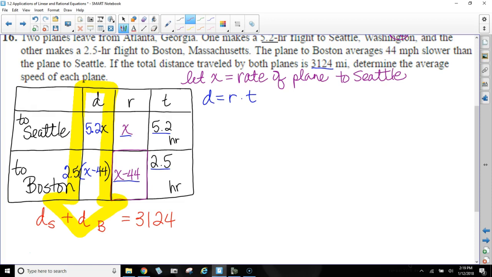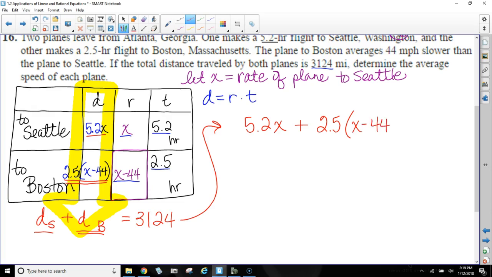The distance of the Seattle plane is 5.2 times x. The distance of the Boston plane is 2.5 times the quantity x minus 44. And those two distances add up to be 3,124 miles. There's our model.